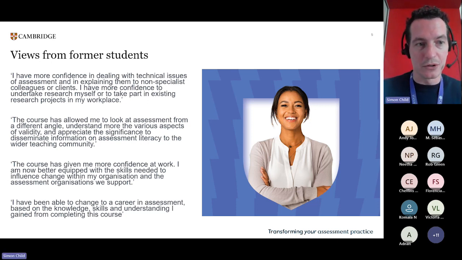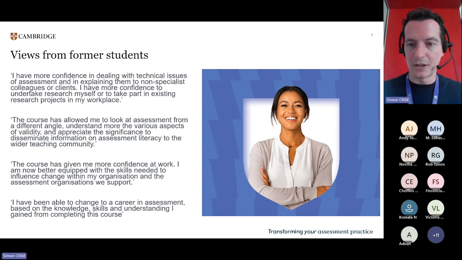The second quotation talks about the idea of looking at assessments from a different angle. So looking at some of the key ideas in relation to validity and assessment literacy and building that expertise within their wider teaching community. The third quotation talks about confidence again, so being better equipped with the skills needed to influence change within their organization.